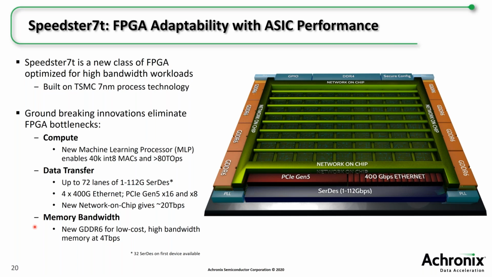So really high memory bandwidth, really high network on chip bandwidth to move the data around, lots of big fat pipes to get data onto and off of the chip, and then the new machine learning processor to consume all of that data and do something with it.